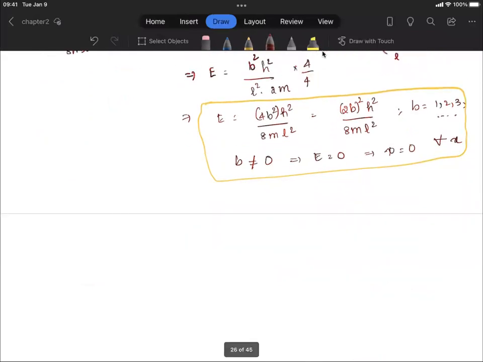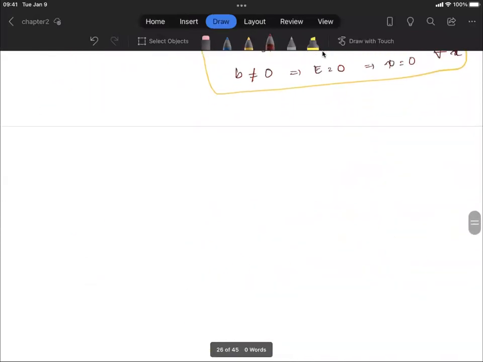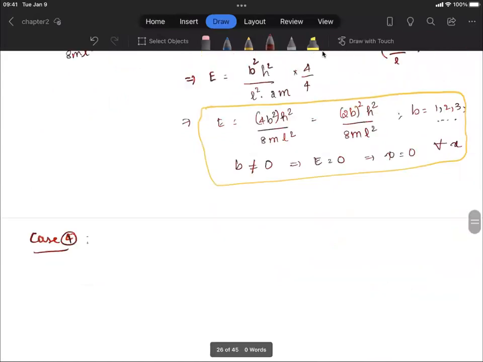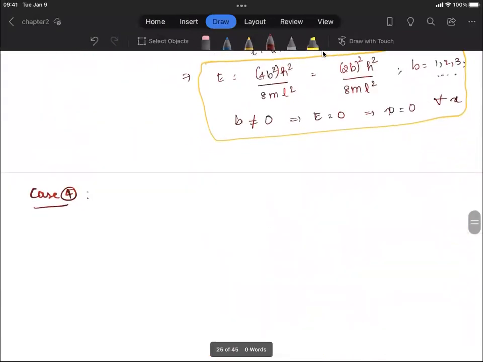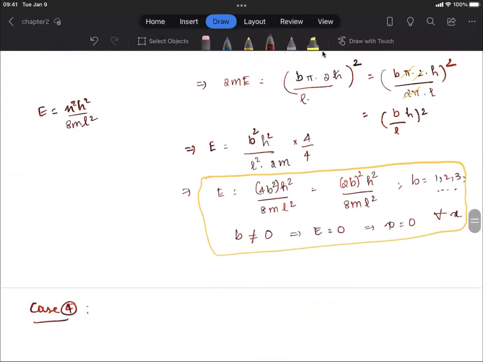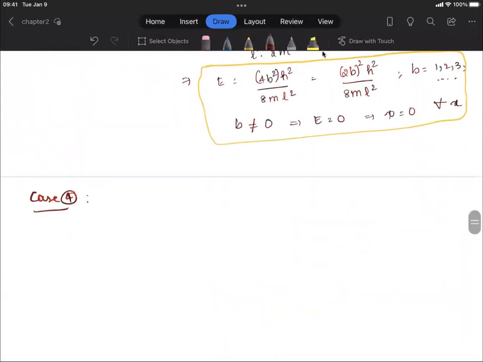Now, if we were to consider case 4, in case 4, B is equal to 0 and the cosine term is equal to 0, right? So B equal to 0 would give me this wave function.